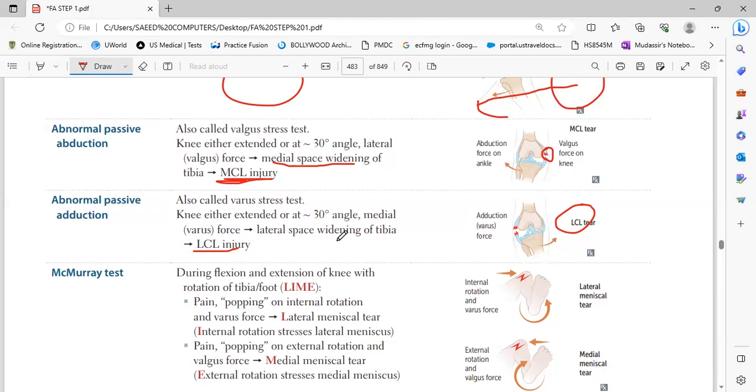Sometimes students get confused about which space widens. It means that the collateral ligament is damaged. If the medial space widens, that is MCL injury. If the lateral space widens, that is LCL injury. Then the force applied will be opposite to that. If I am checking the medial space, I will apply lateral force. Okay, is that right? It's so easy.